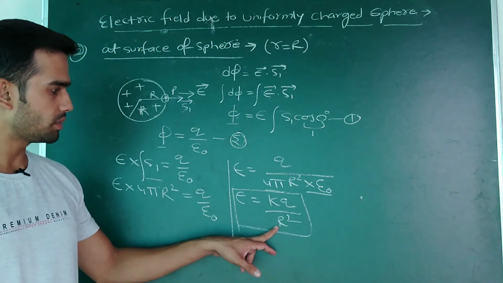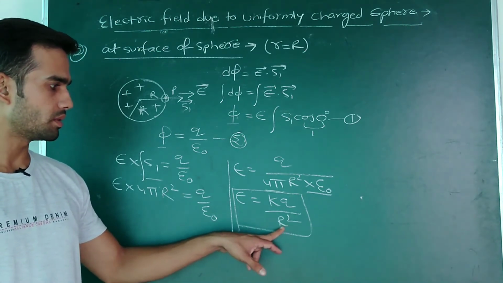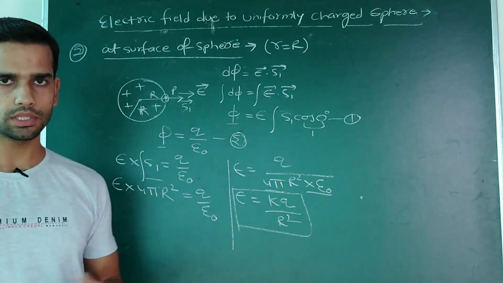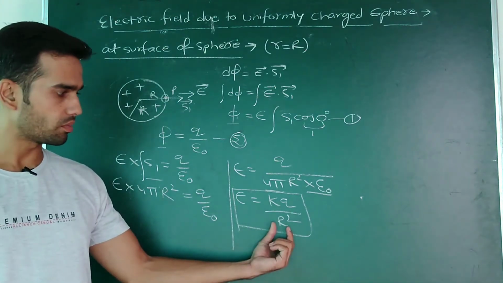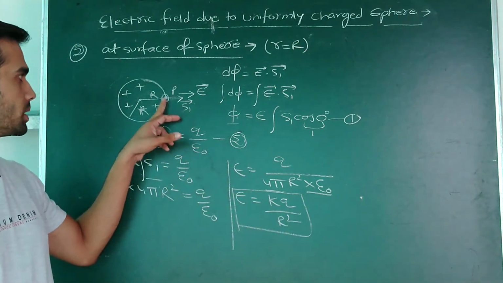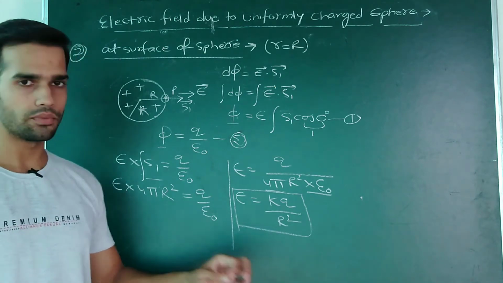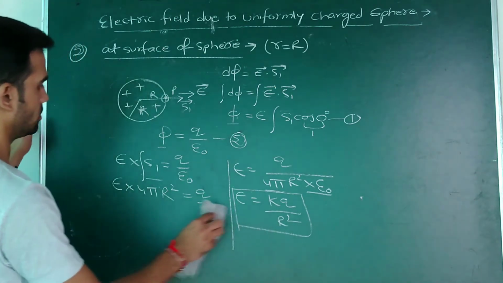The main difference between both cases is only the term capital R. In the previous case, the distance from the center of the sphere was small r, and in this case the distance of point P from the center of the sphere is capital R. So there is a minor difference between both formulas.